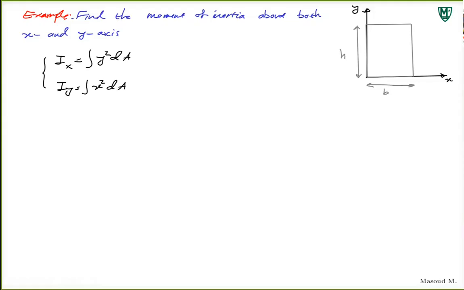By taking an element on the area we're calculating this double integral on, and use dA to convert this into a simple integral. For Ix, I'm calculating the integral along Y. So here is the element that I have to consider.